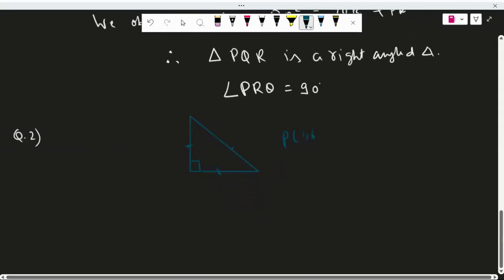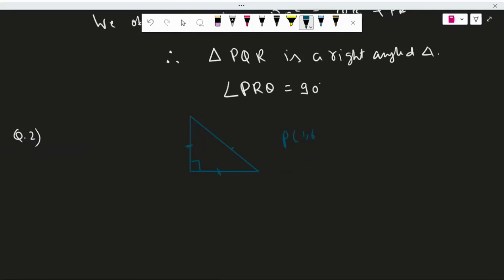Now we are discussing question number 2. Here we have been given three vertices of a triangle. Vertex P is (1, 6), vertex Q is (negative 2, 1), and vertex R is (3, negative 2). Again we have to check whether they form a right angle.